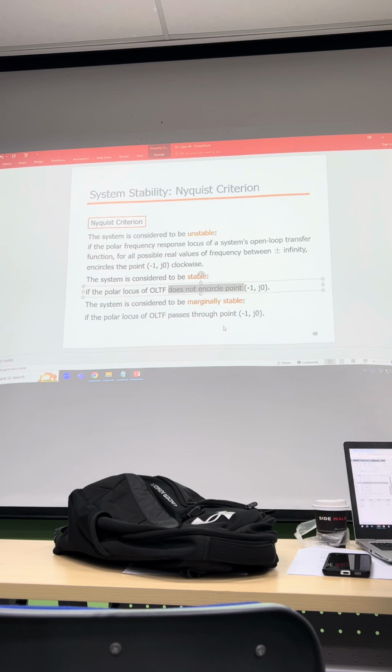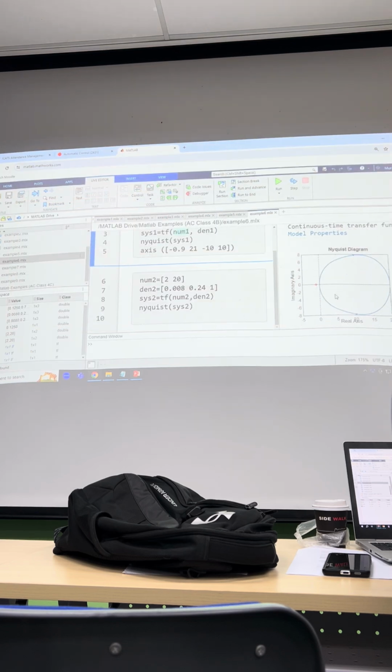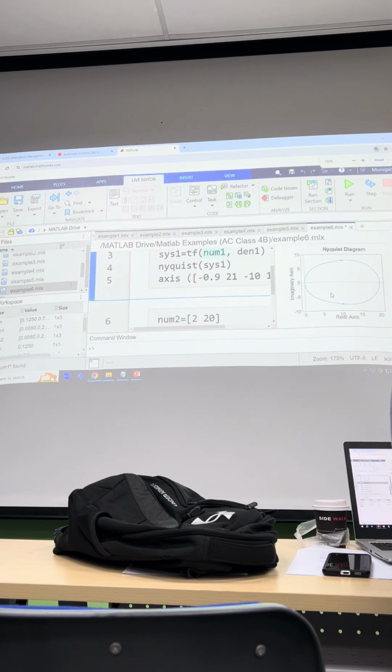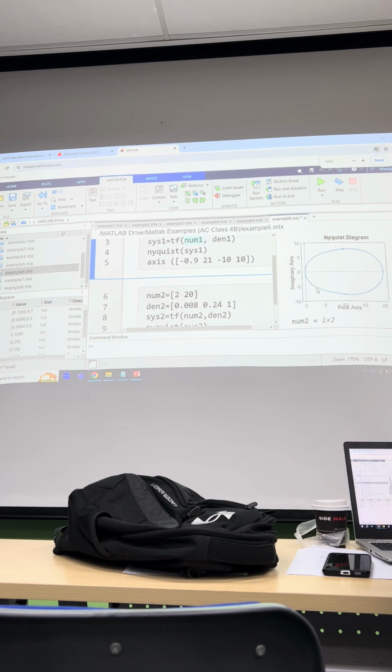So far we saw a lot of graphs. You see there's a red mark over there. I don't know whether you can see. The red mark indicates -1. By the software itself, the red color point is nothing but -1.